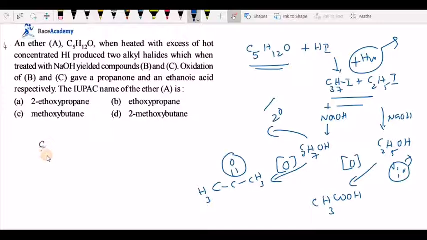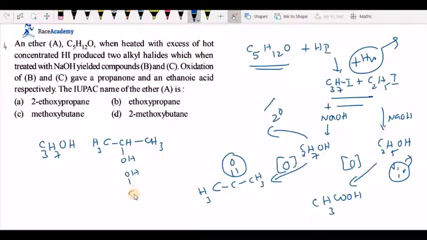Secondary alcohol C3H7OH should be CH3CHOHCH3. This is isopropyl alcohol, definitely isopropyl alcohol only. That means one alcohol obtained is isopropyl alcohol, and the other is ethyl alcohol.